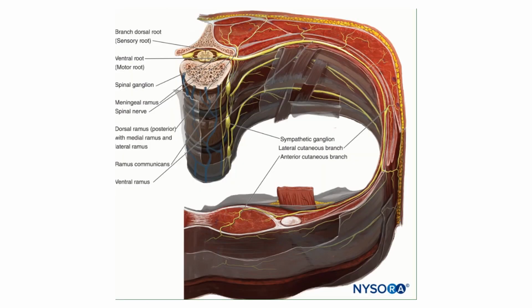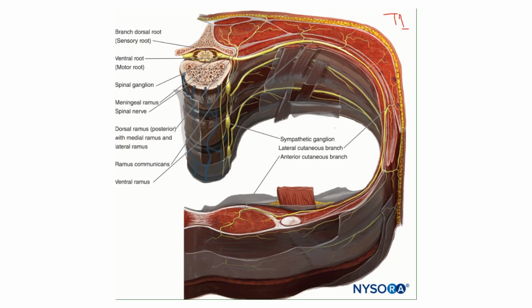Then we have atypical intercostal nerves. They are called atypical because there are some variations present in these nerves, and they do not follow the course or the division of the typical nerves. Firstly, we have T1, the first thoracic spinal nerve.